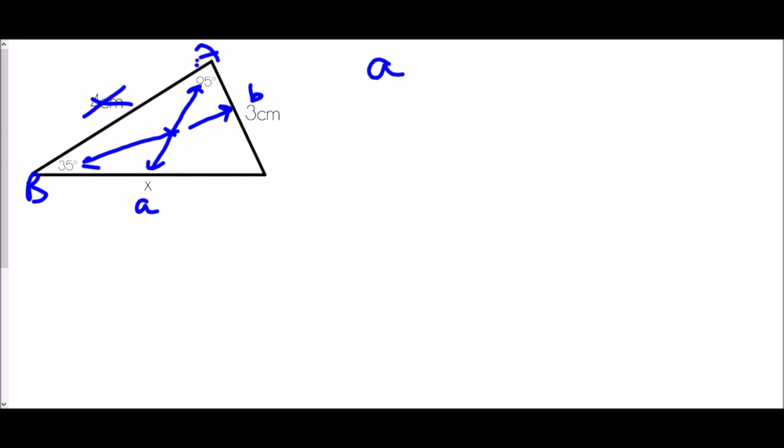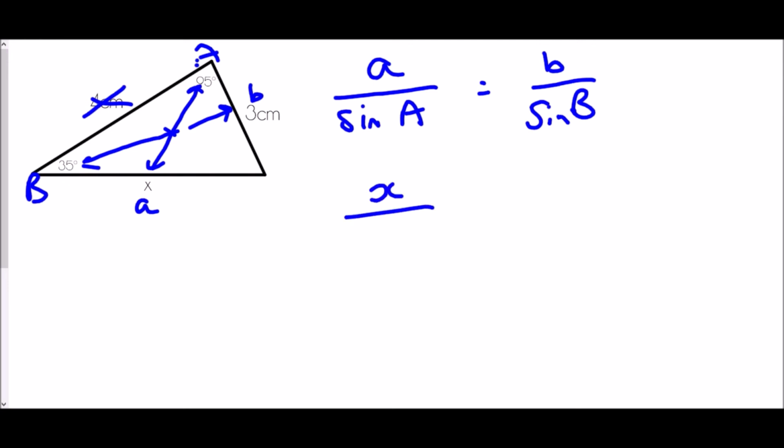So I'm going to have a over sine A equals b over sine B. And so little a is x, sine capital A is 95, and b is 3 over sine 35.